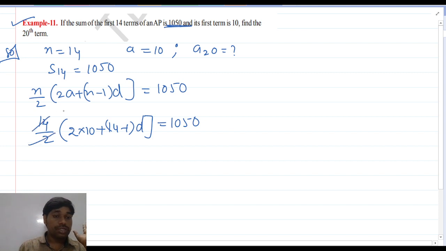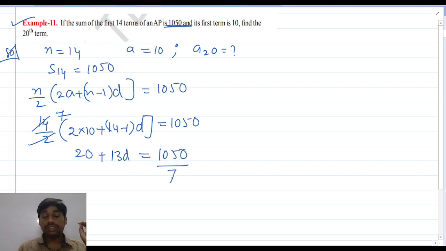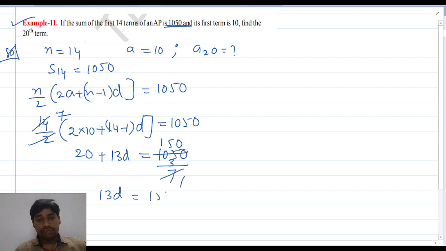So what we can do, it is 7 times, it is into there, make it to division, 20 plus 13d, which is 1050 upon 7. 7 ones are 7. It is 3 left, 3 5s are, it is 150. Then transfer 20 that side. 13d is equals to 150 minus 20. Then d is equals to 130 by 13. So we got 10.